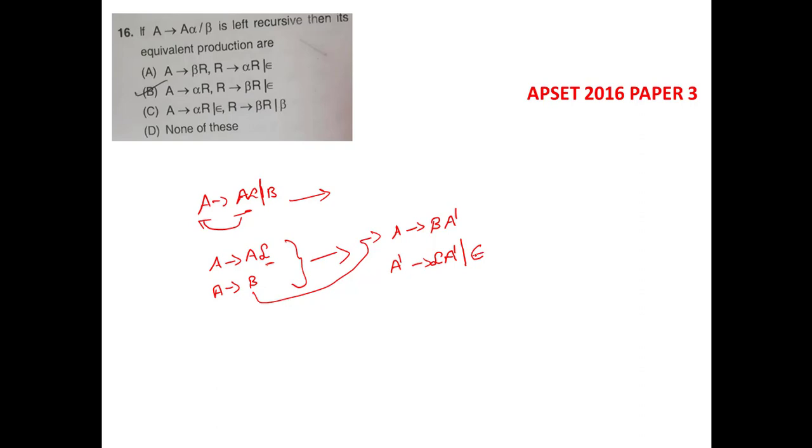If you write the epsilon, it means that A dash tends to alpha A dash, and A dash tends to epsilon also, right? So among the given four options, option A is the right one. In the place of A dash he has given R, so option A is the right one.